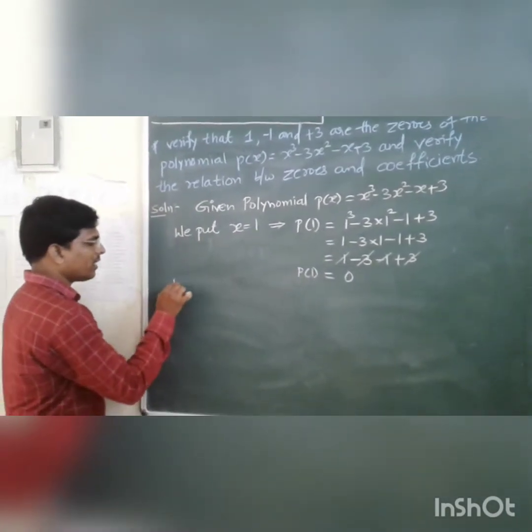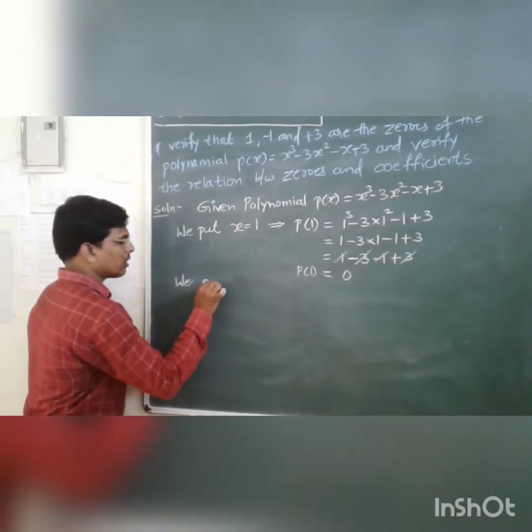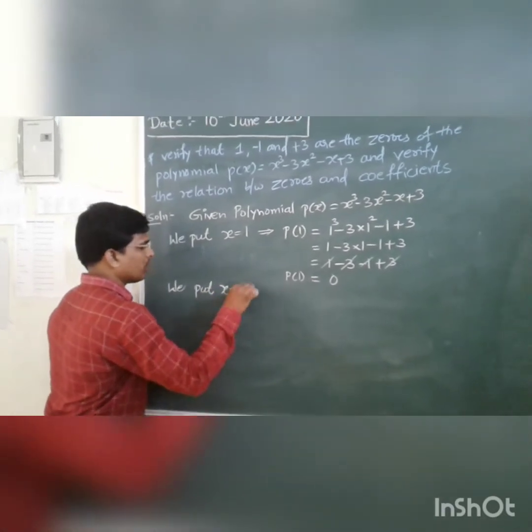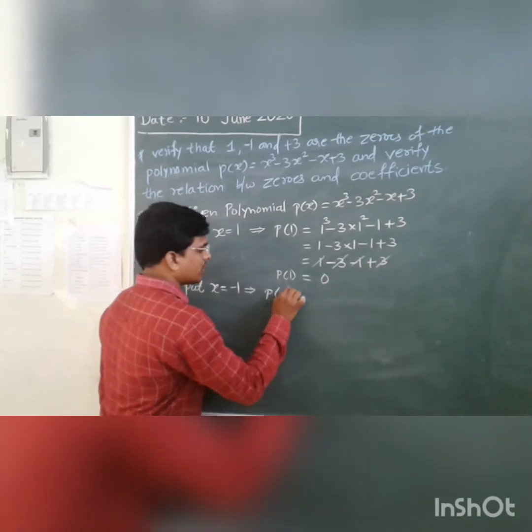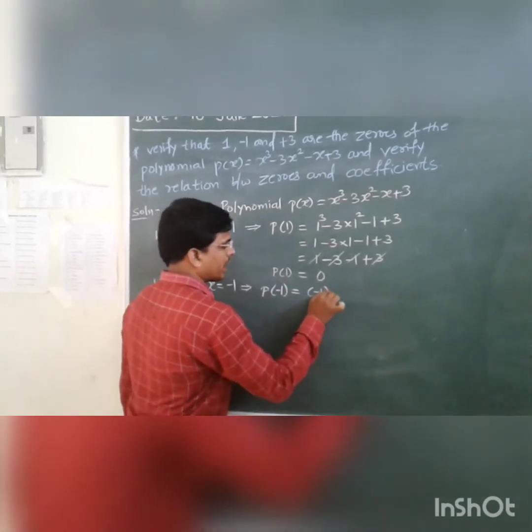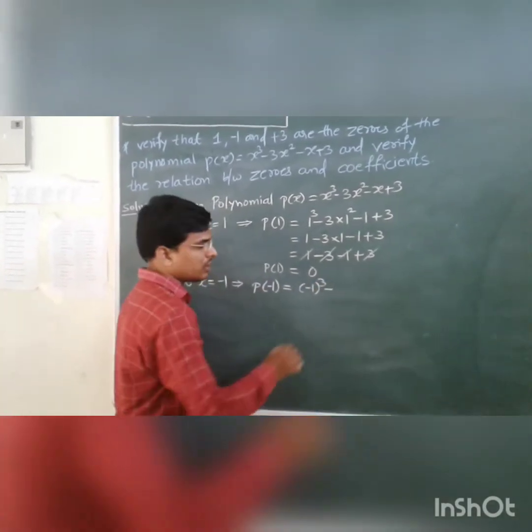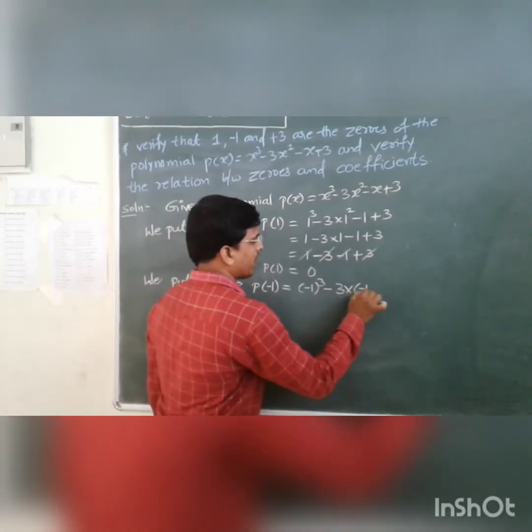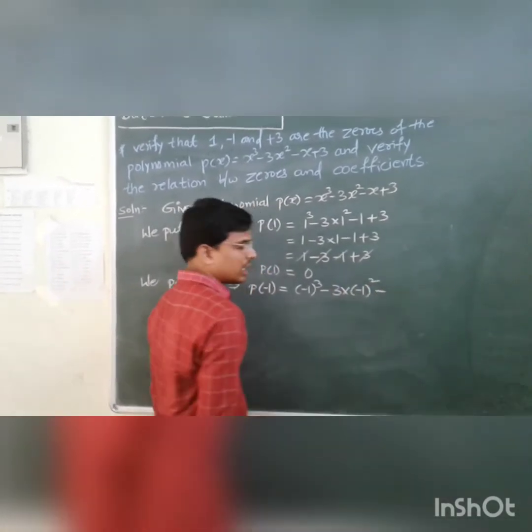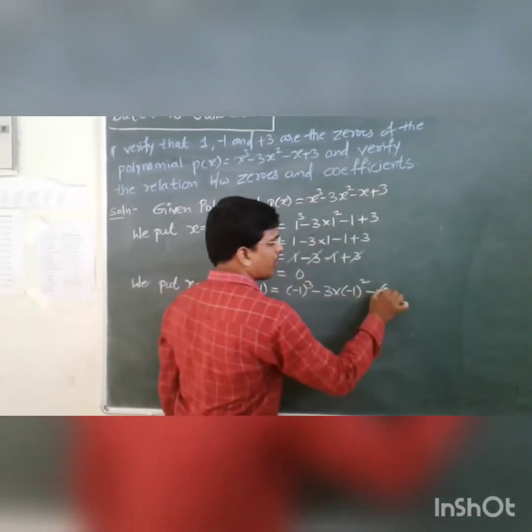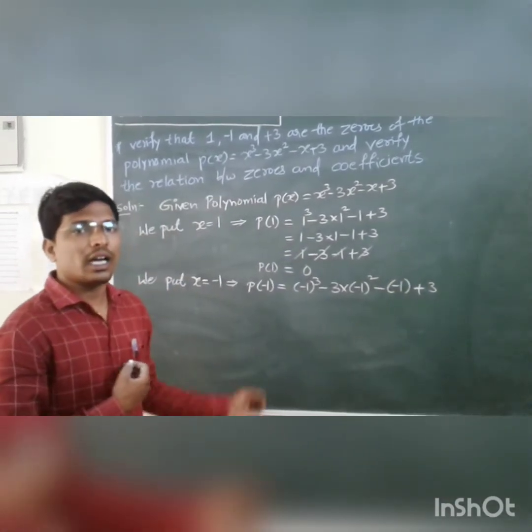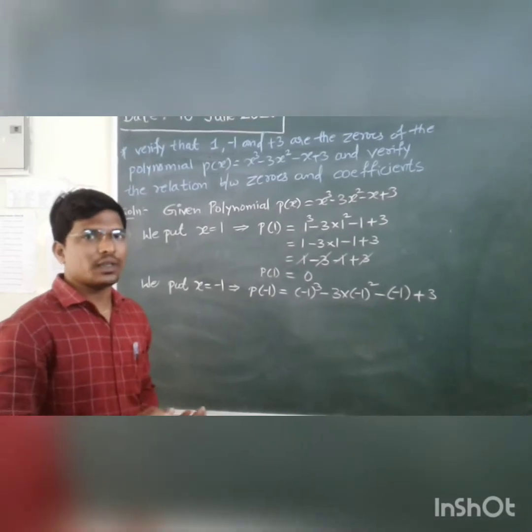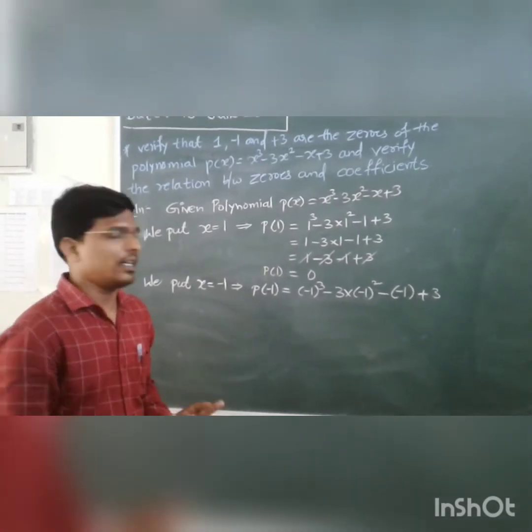In the same way, if we put x is equal to minus 1, what will it be? P of minus 1 is equal to minus 1 whole cube minus 3 into minus 1 whole square minus x value, which is again minus 1, plus 3. I am just substituting the x value as minus 1 only. I am not changing any sign here.